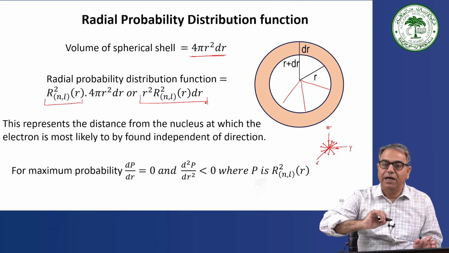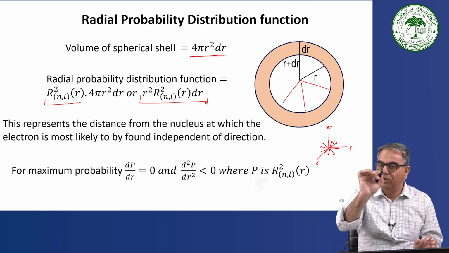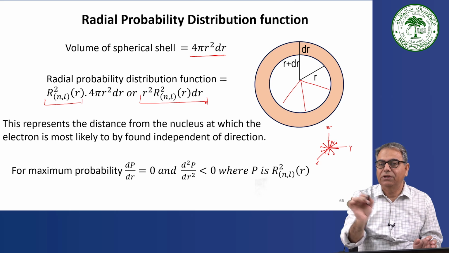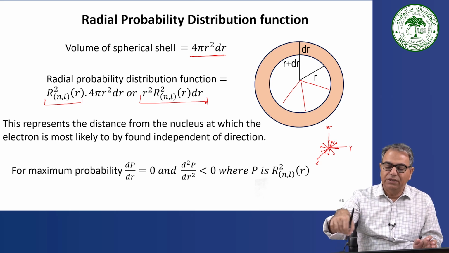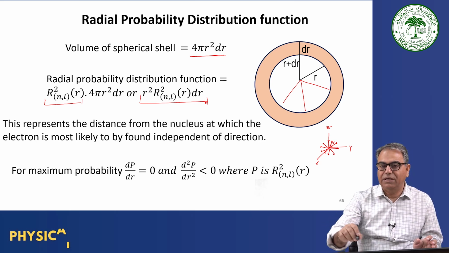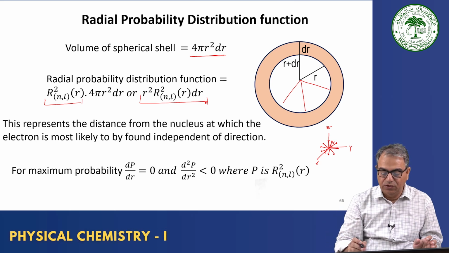When you draw r in one particular direction, you are fixing the theta angle also, so the distance is fixed. But when calculating the radial probability distribution function, it is independent of direction. Theta could be anything, phi could be anything, and you include all the possible r from the origin.